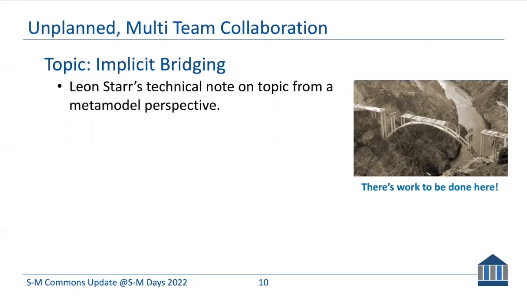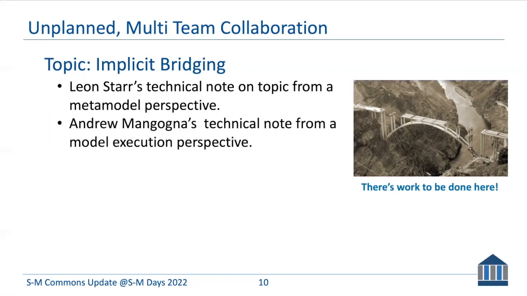It started with Leon working on the OOA meta model and expanding it to include a model for implicit bridging. He then wrote a technical note to explain his work from the perspective of the analyst. Leon then shared this with Andrew Mangonia, who provided Leon with some feedback, and then wrote his own technical note on this topic from the perspective of the model execution domain.